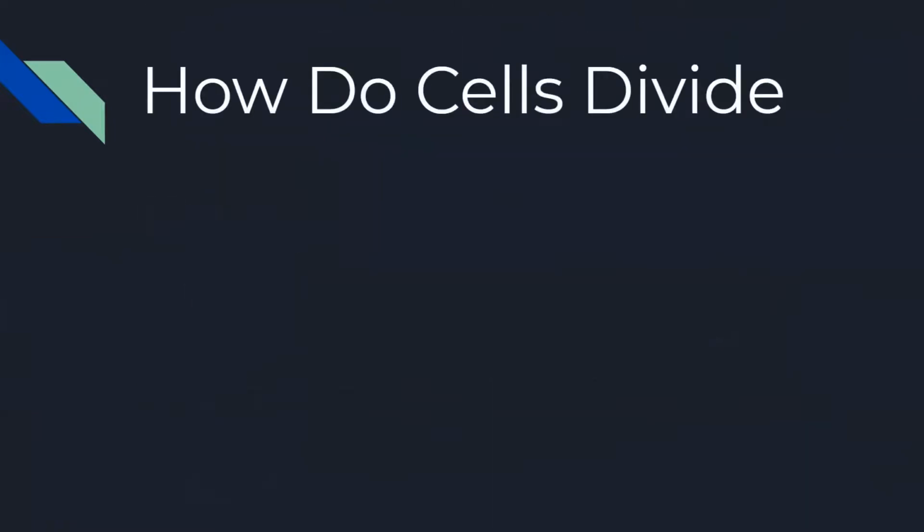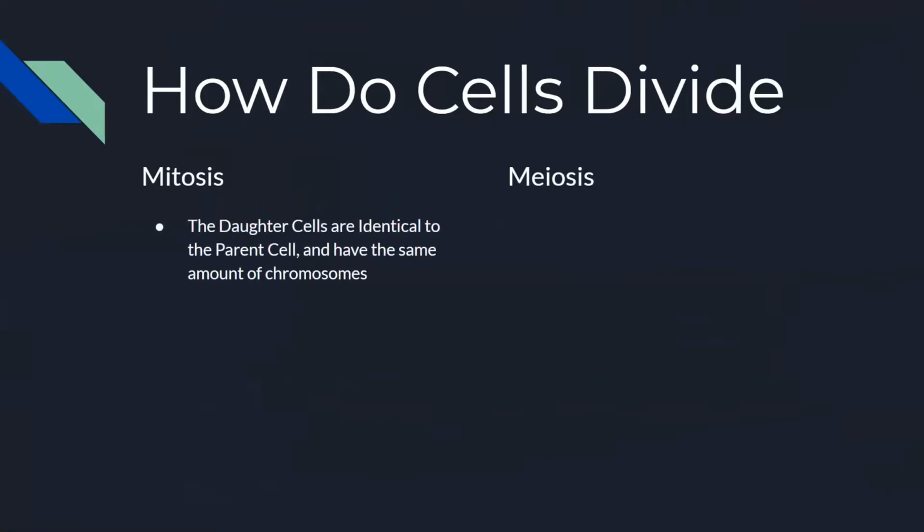How do cells divide? Depending on the type of cell, there are two ways cells divide: mitosis and meiosis. Each of these methods of cell division has special characteristics. One of the key differences is that in mitosis, a single cell divides into two cells that are replicas of each other and have the same number of chromosomes.